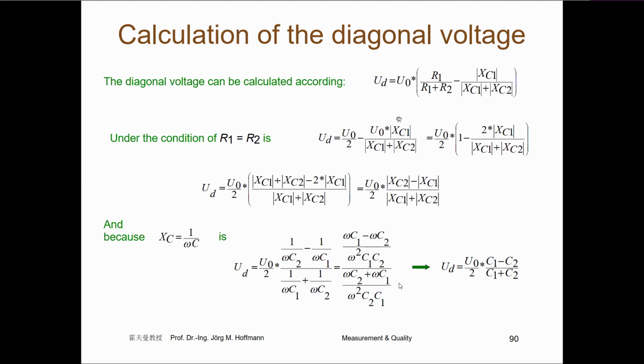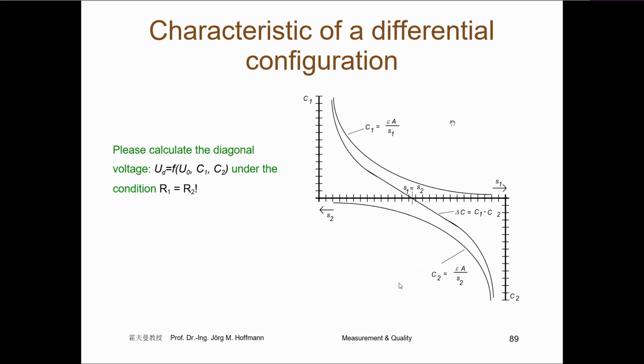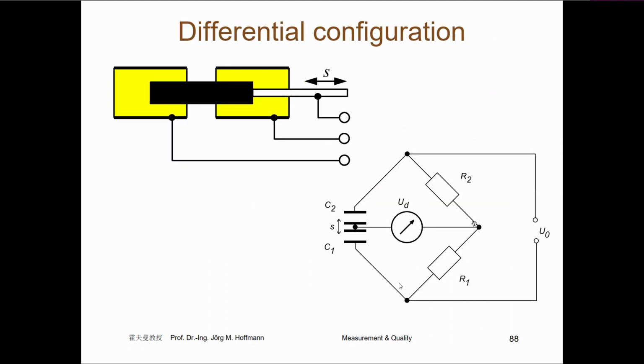You say this is a voltage on one side, this is a voltage on the other side, and the diagonal voltage is in this case the right side minus the left side. This is a voltage over this resistance: the total voltage relates to the total resistance as this voltage to R1, this resistance. And the same you do on the other side.